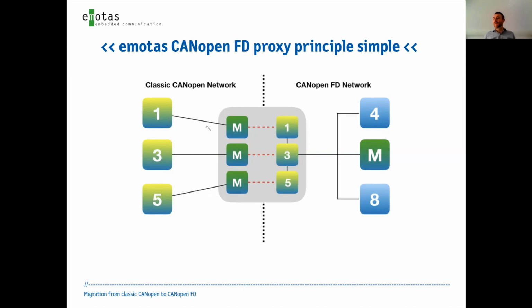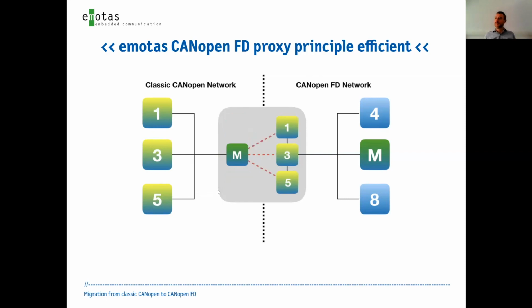But it would be a bit more efficient if you had, for example, 1 manager and 1 classical CANopen network, and still these 3 classical CANopen devices are simulated or emulated as CANopen FD devices. So a CANopen FD manager is able to communicate with them.